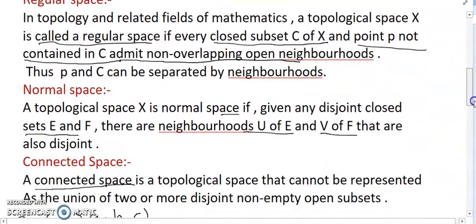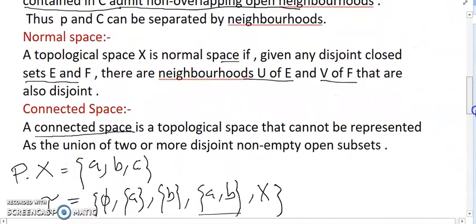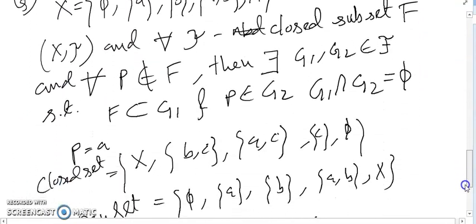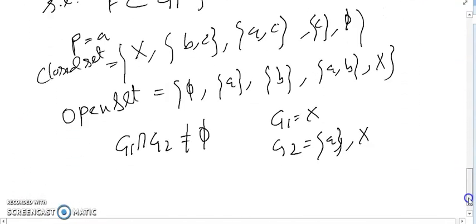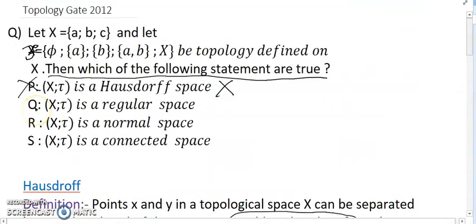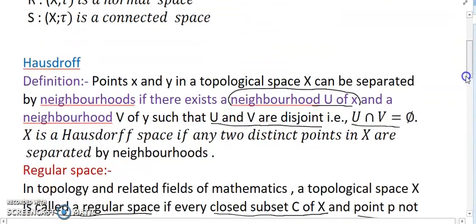Okay, now (X, τ) is a normal space, so we need to know the definition of the normal space. A topological space X is a normal space if given any disjoint closed sets E and F, there are neighborhoods U of E and V of F that are also disjoint.